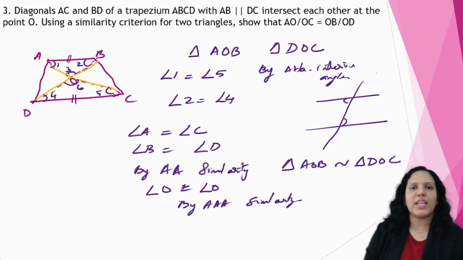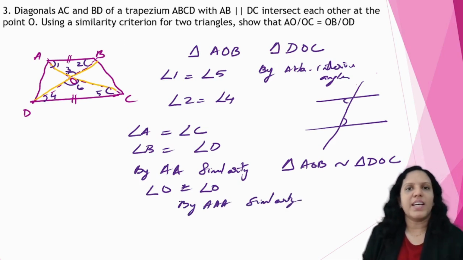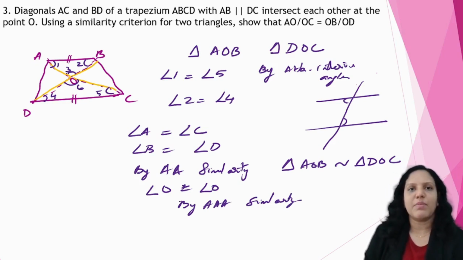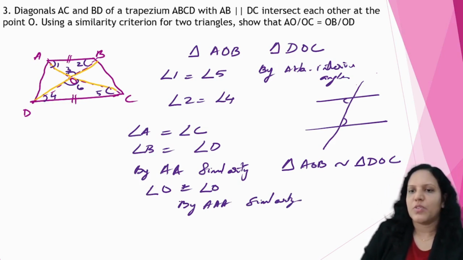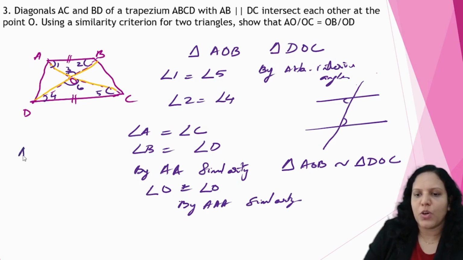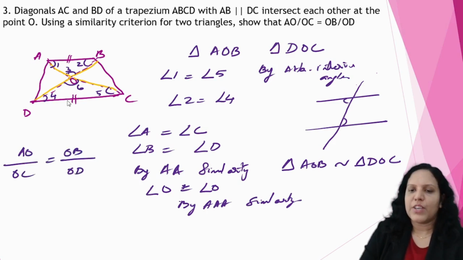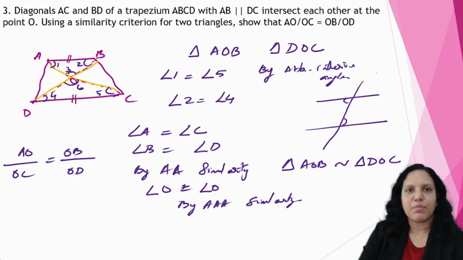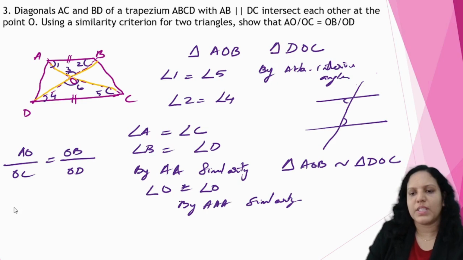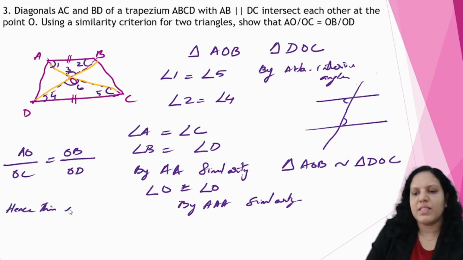So if two triangles are similar, their corresponding sides will always be in proportion. So we have to prove that AO by OC is equal to OB by OD, right? Hence this is proved.